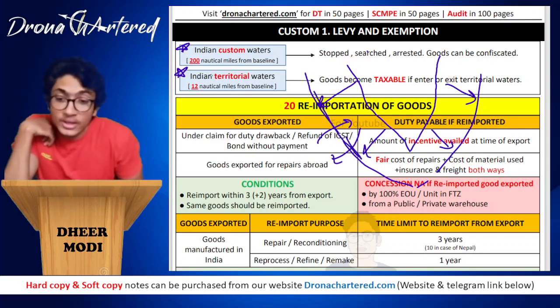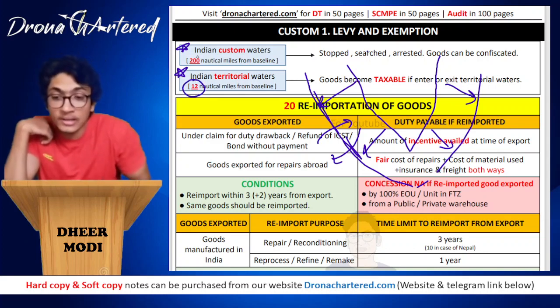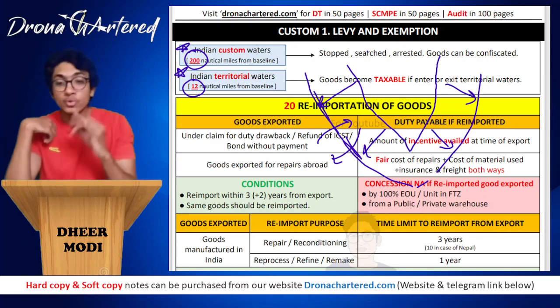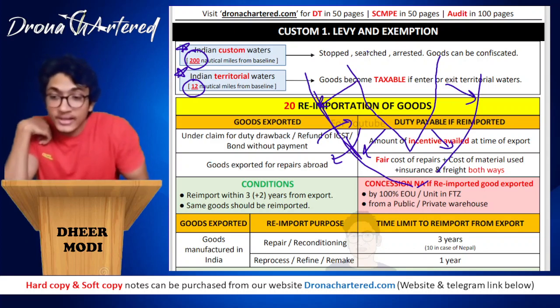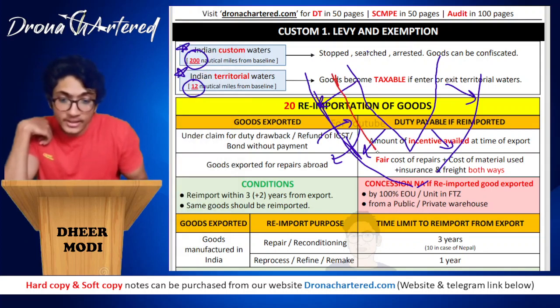And the same thing for Indian territorial waters. Indian territorial waters is 12 nautical miles. So Indian custom waters is 200 nautical miles and Indian territorial waters is 12 nautical miles. It would be somewhere around this much.